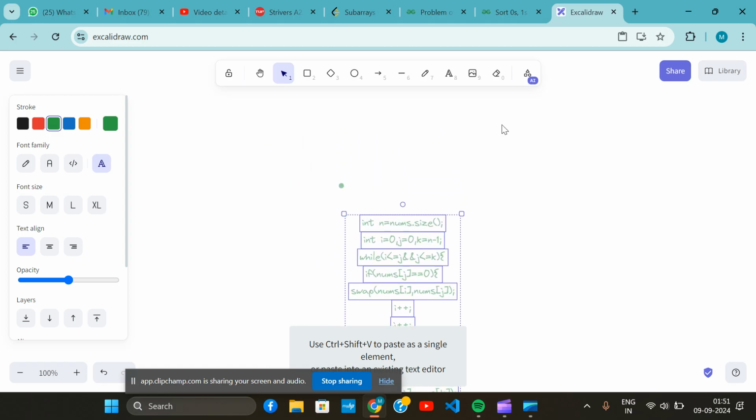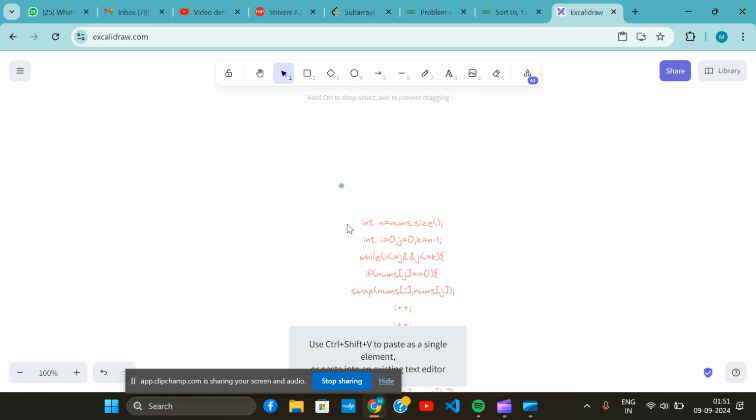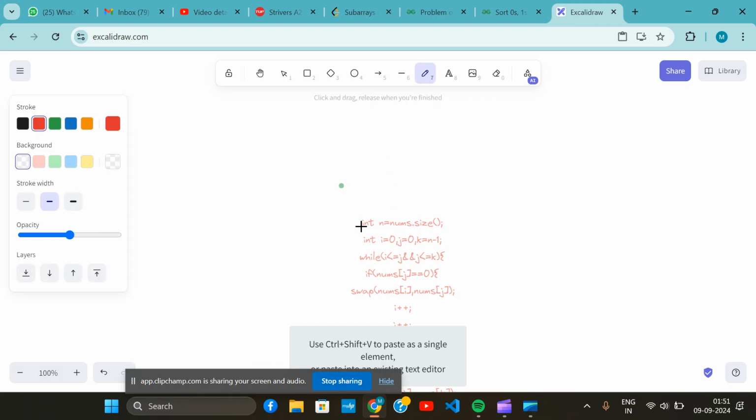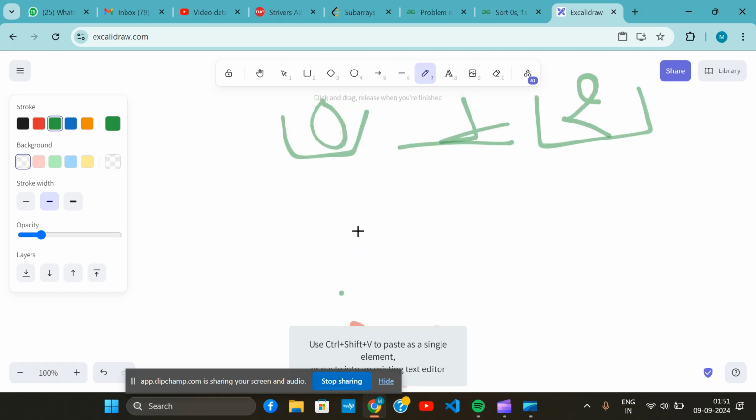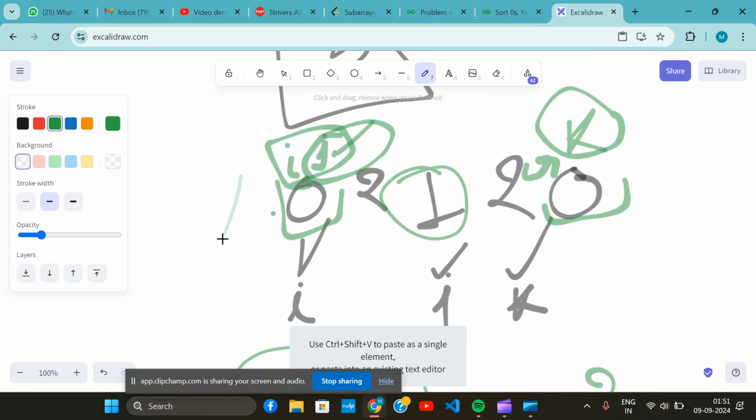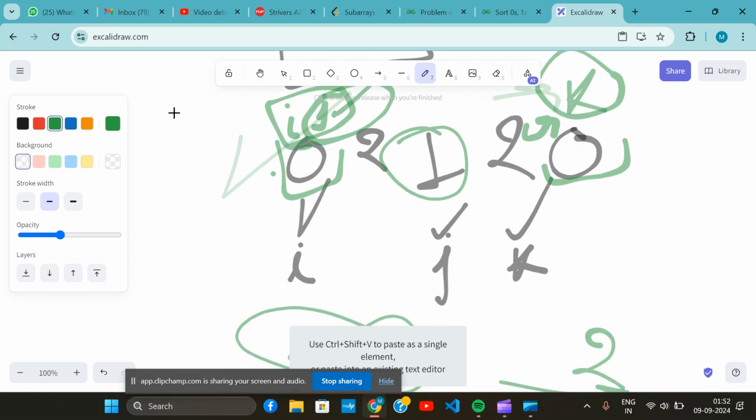So what I am doing here is that I will first take care of the size of the array that I have given here, and I am setting I and J to the starting of the array and K at the last of the array. That is the same as I am doing here.